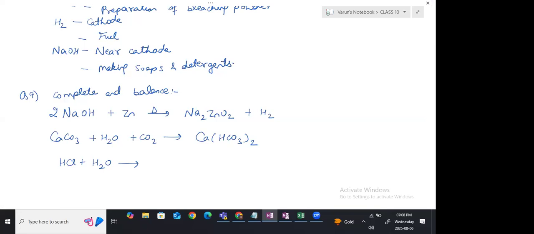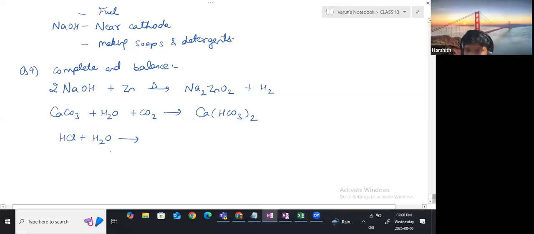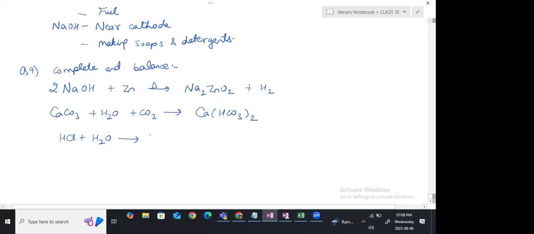HCl plus water, what will it give? When we dissolve acid in water, it dissociates into ions. The H positive ions that get released will react with water and form H3O positive ions along with Cl minus ions.